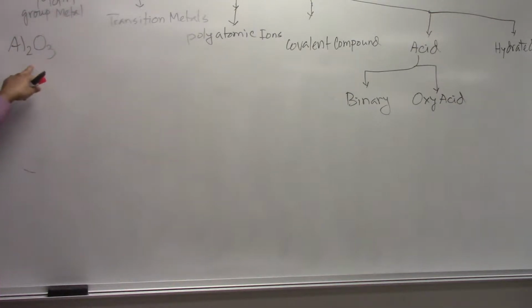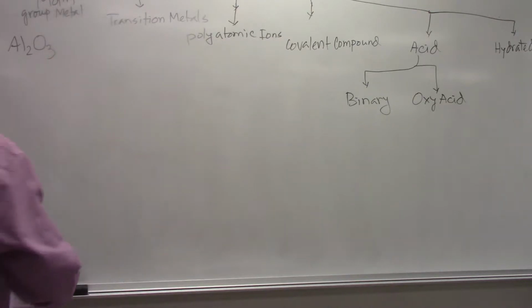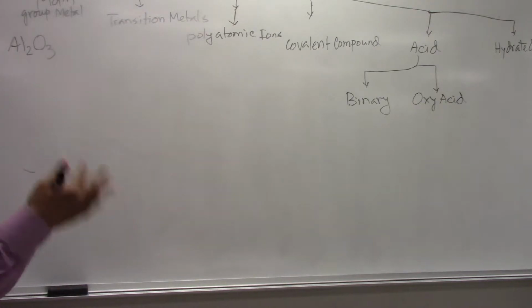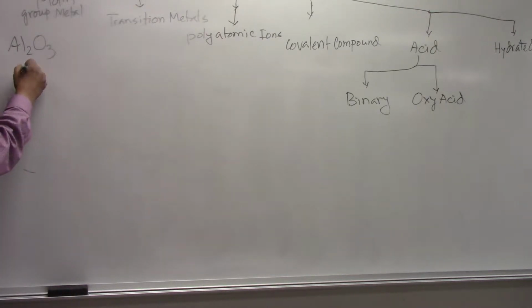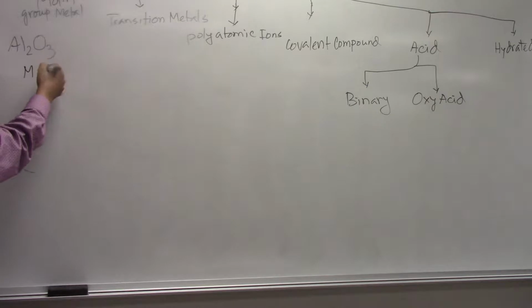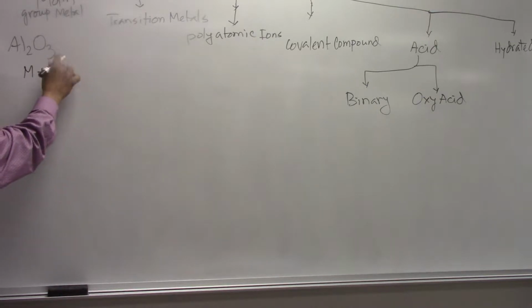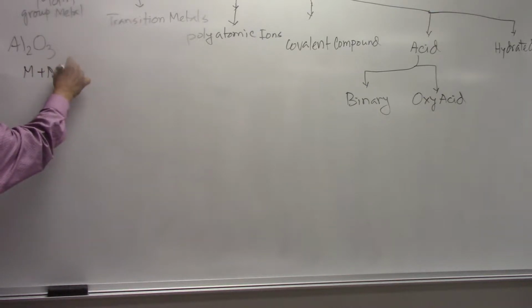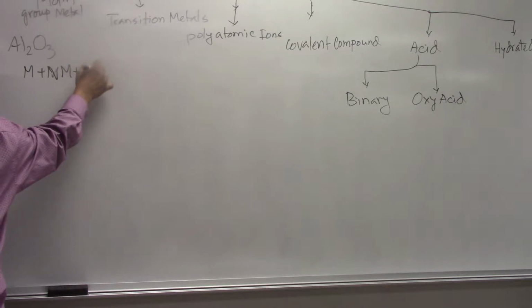So the naming is very simple in here. The way it goes is you say the name of the cation, which is aluminum, and say the anion with IDE. So if you write the formula way, you say the metal name, then the non-metal name, and then plus IDE.